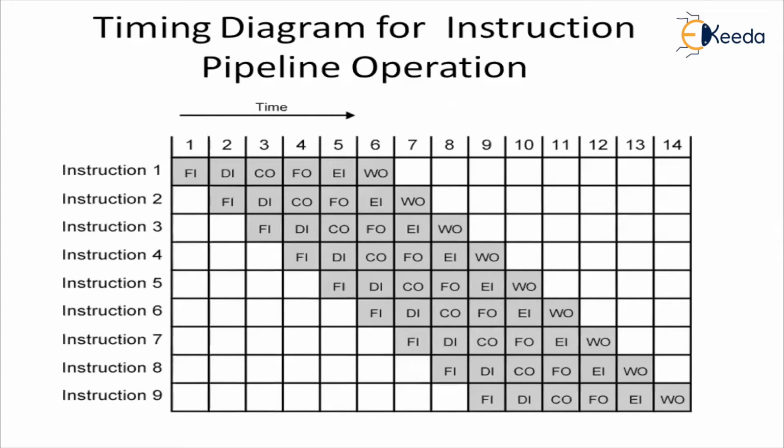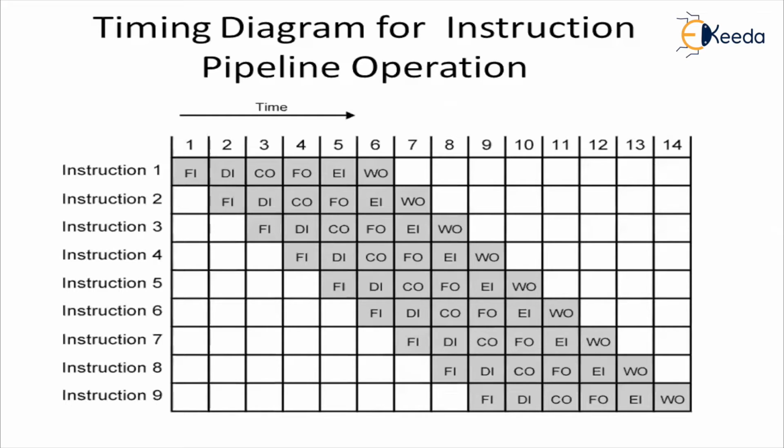Now, when you look at the timing diagram for the pipeline of operation, here you have instructions 1 to 9 listed on the X axis, and you have time simultaneously.